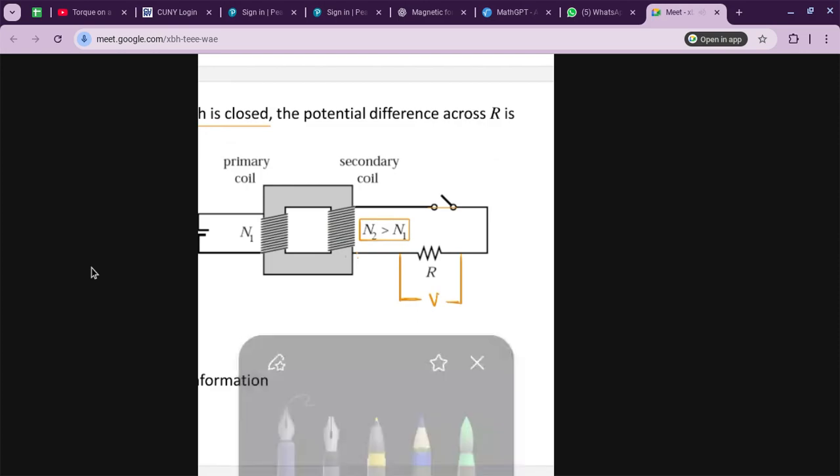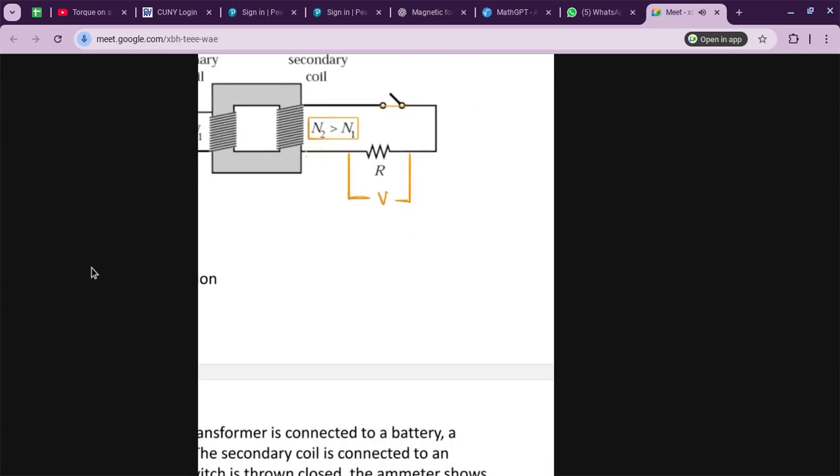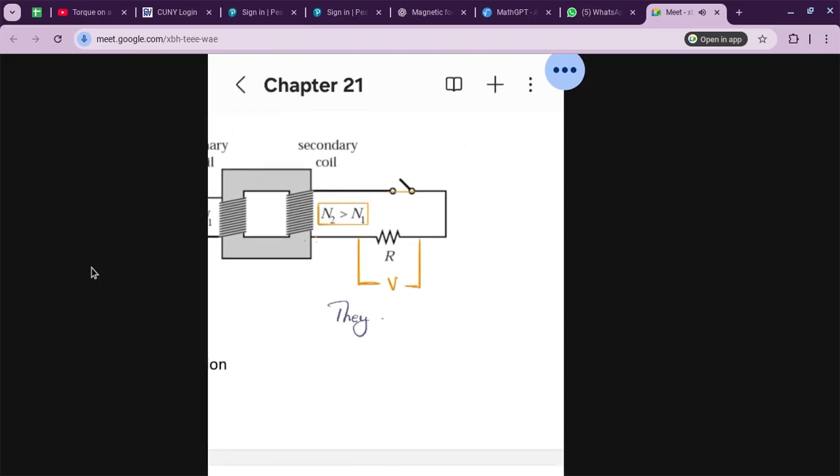Same. Very good. So they are connected in parallel, so the potential difference. That's very good. Wait, Hira.